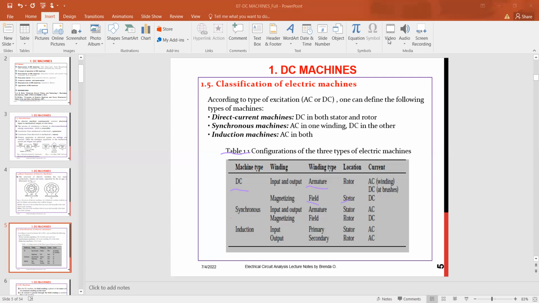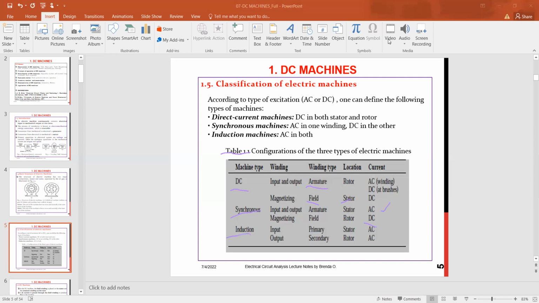In synchronous machines, the winding types are the armature and the field. The armature windings are in the stator, and the field windings are in the rotor, which is the moving part. The current in the rotor is DC, while the current in the stator is AC.